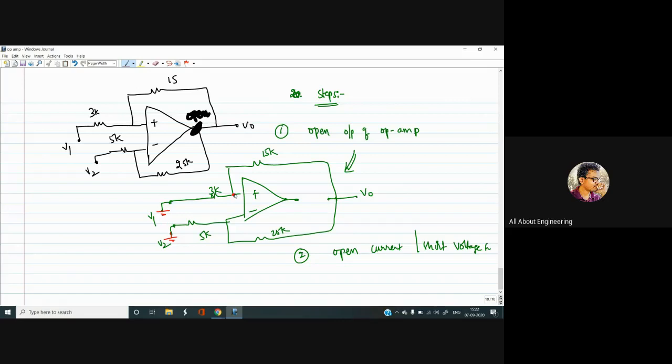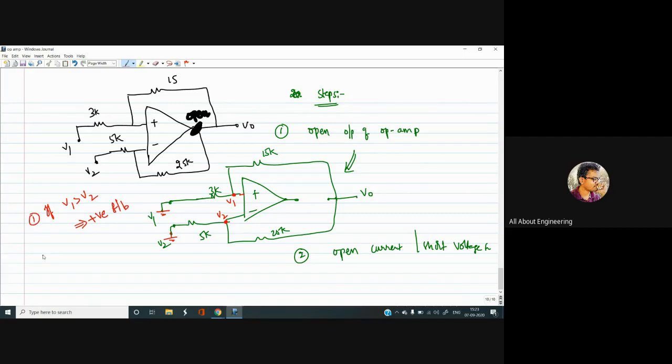Now you try to get the values at these two nodes, that is V1 and V2. If V1 is greater than V2, since it is the non-inverting terminal node, you will get a positive feedback circuit. Then you can conclude that this circuit is having positive feedback.